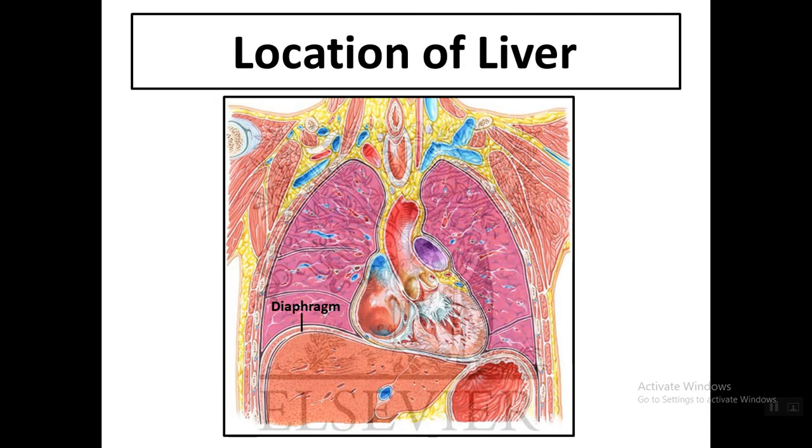First, the location of the liver. It is located under the cover of the diaphragm and extends mainly below the right hemidiaphragm, and it reaches even to the left hemidiaphragm. The diaphragm separates the liver from the pleura and the lung, and from the pericardium and heart.